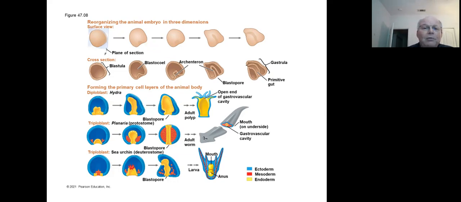So even though the external appearance of something like a sea urchin or a sea star would belie the fact that they're closely related to chordates and vertebrates, they do after all show a radial symmetry, we show a bilateral symmetry. We do recognize echinoderms as being bilaterals because they show all the early developmental stages of bilaterals.